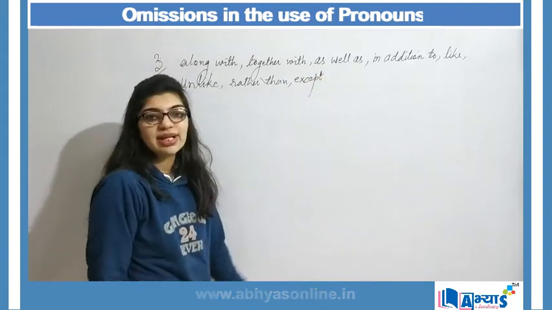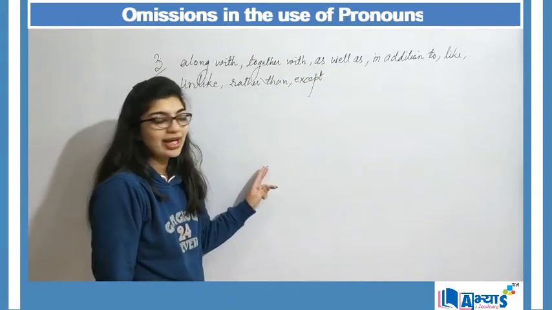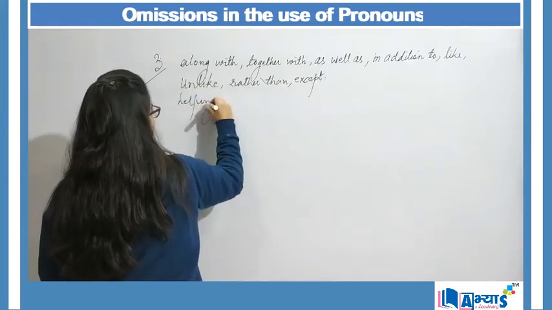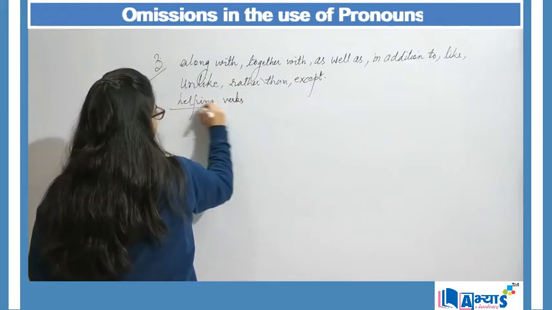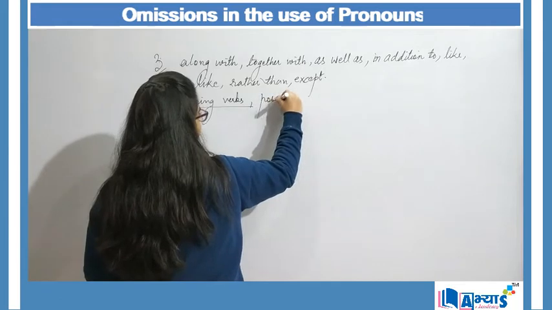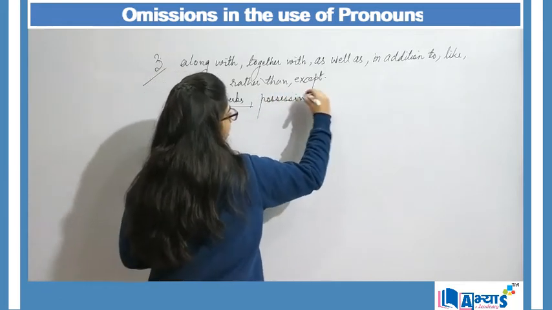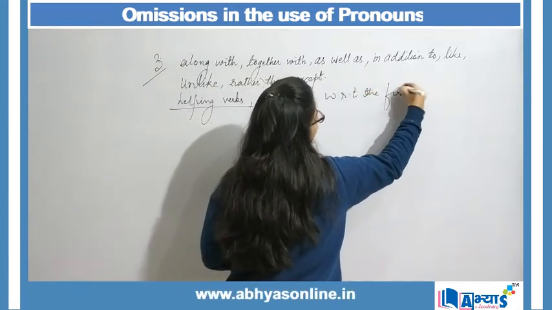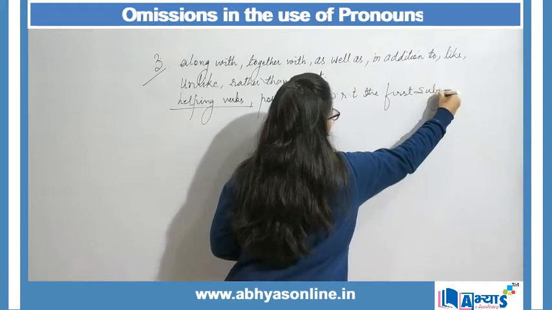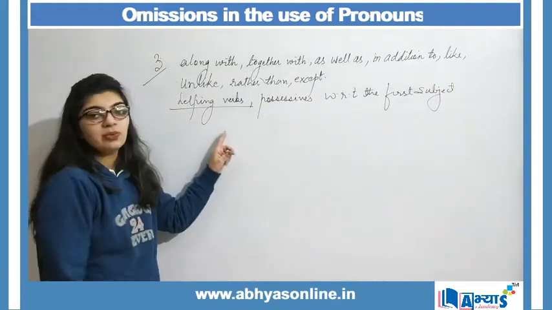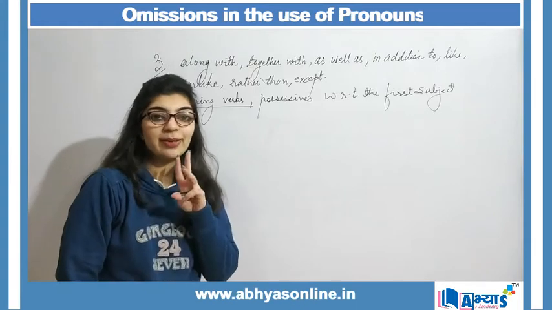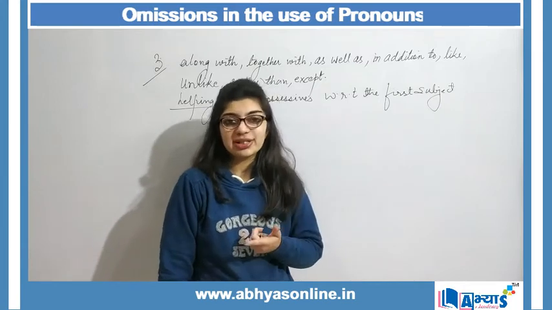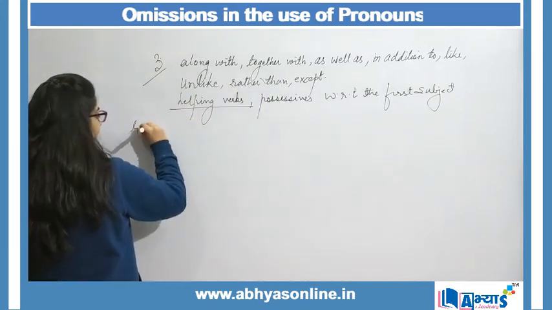Whenever two subjects are joined with these words, then we make use of helping verbs or the possessives with respect to the first subject. The helping verbs will be with respect to the first subject. I am saying that we are joining two subjects, and then the helping verb will be according to the first subject.